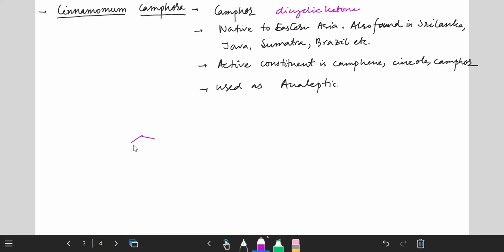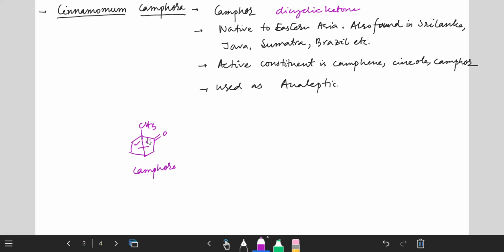Dicyclic ketone looks like this, that is the structure of camphor. You can see one cyclic ring and a second cyclic ring, because two cyclic rings are present in camphor. That's why it is known as a dicyclic ketone.